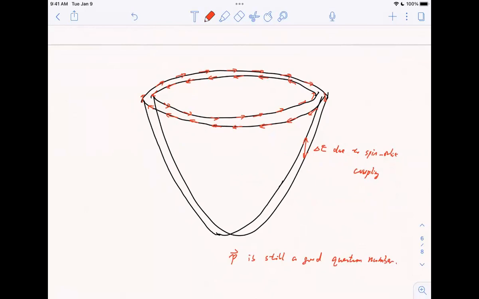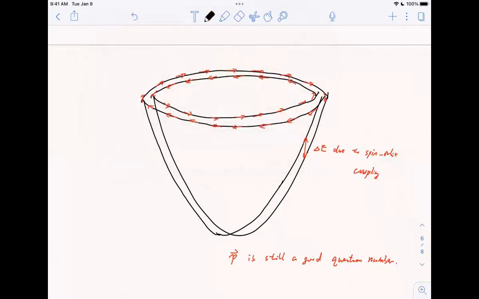Why? Because the spin-orbit coupling does not break the translation symmetry of the system. So you still have a momentum. All of these states are still good quantum states for P. But due to the spin orientation, there will be a splitting. So this is one example of the spin-orbit coupling.